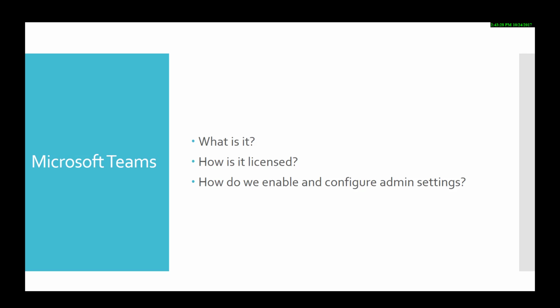So, chat history, when you think about that, we're really talking about the Skype for Business on-prem persistent chat functionality, where you have the ability to view all of the different messages as you pop in and out of the team.